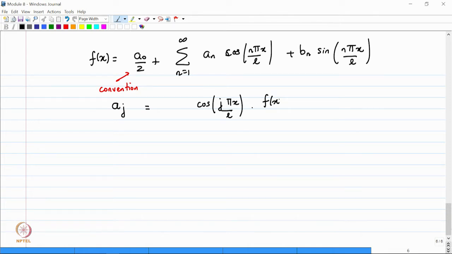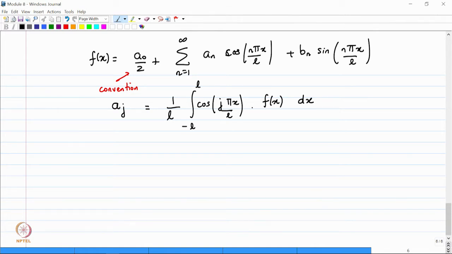In the space of functions, a dot product is typically defined in this way, and what is done is that this has a factor of 1 by L taken in front. So, this turns out to be a very useful way to define a j.